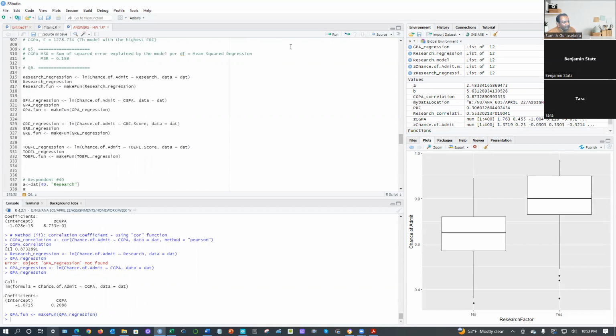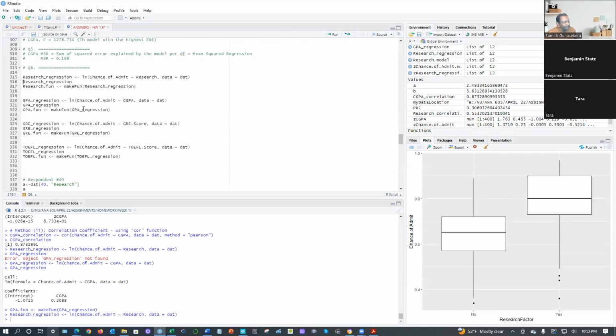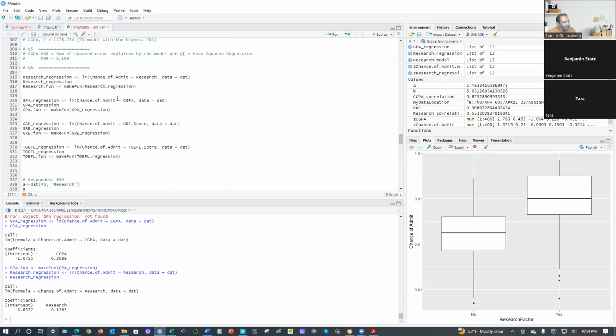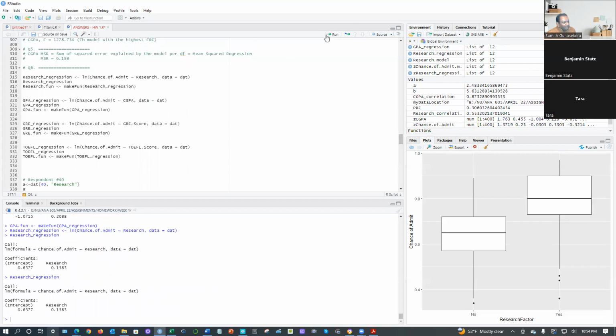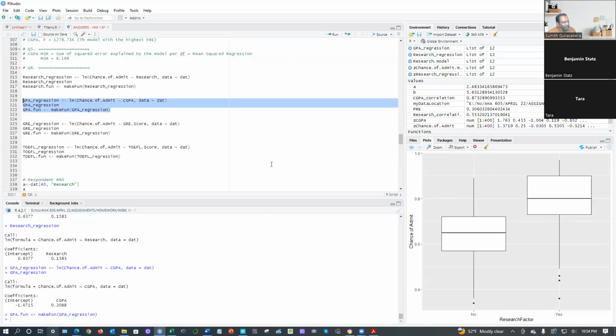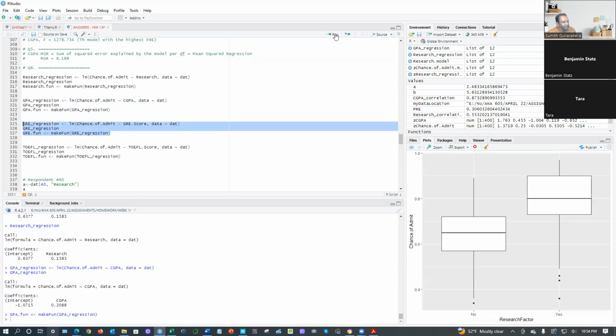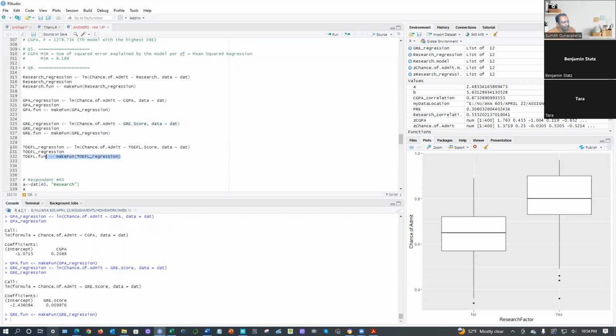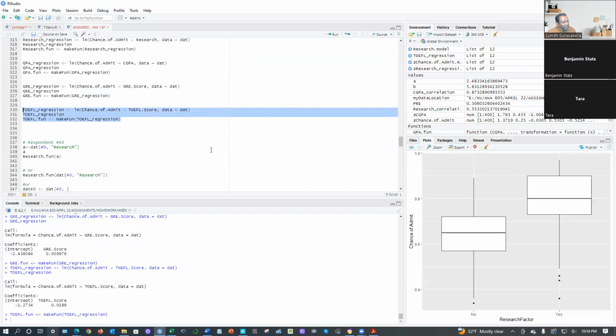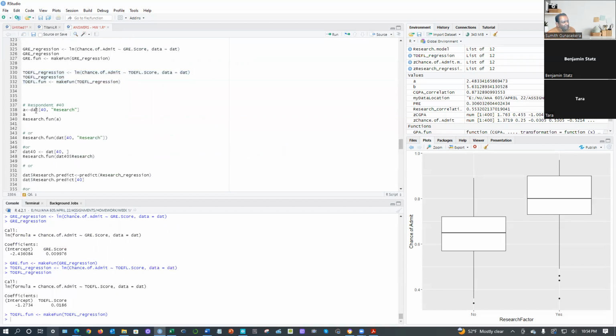I'm going to do this one for research. The first one, research. Make a function for research. Then make a function for the second variable. And for the third variable, make a function with respect to that model. The fourth one, make a function. Now I'm going to go to the respondent. I go to the data, the 40th person, and I pick the research.